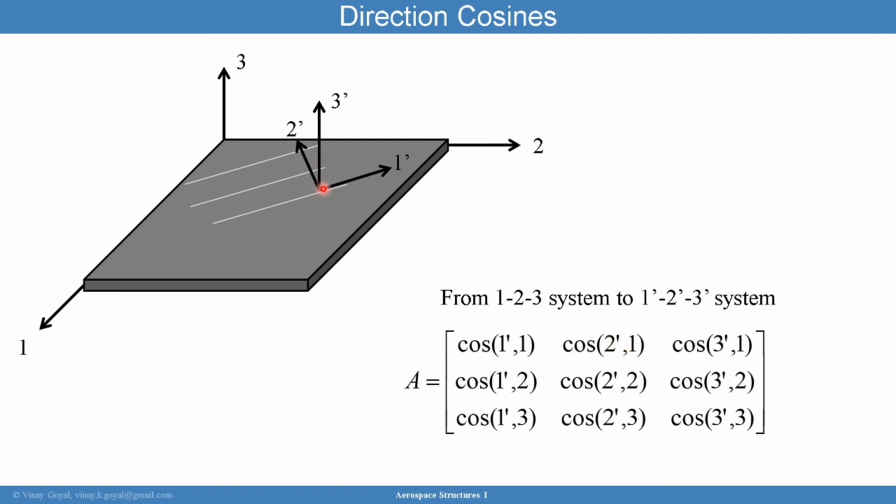The cosine of 3 prime and 1 axis in this example is this one, and that angle is 90 degrees. The cosine of 90 degrees is 0, so in this example that's 0. And as an example, I want to calculate the cosine of 3 prime and 3. The difference in angle between these two axes is 0, so the cosine of 0 is 1.